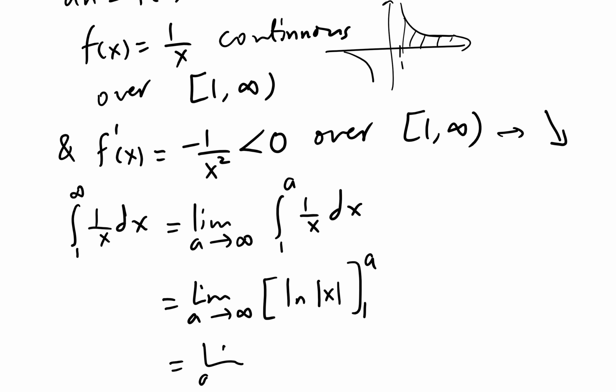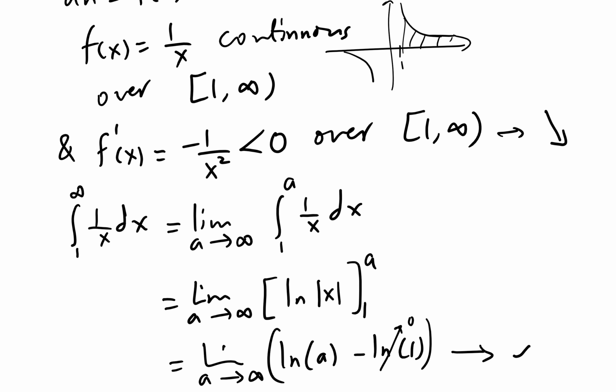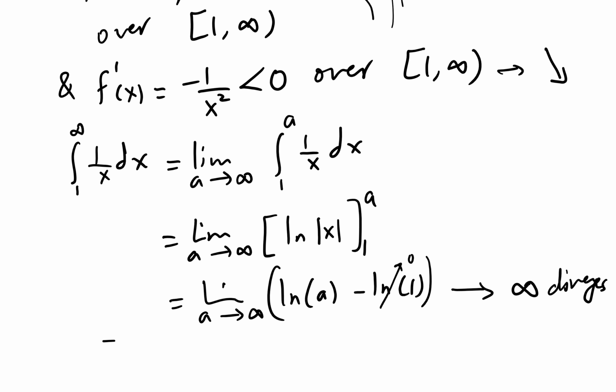So the limit as a goes to infinity of natural log of a minus natural log of 1. Natural log of 1 is 0, and this goes to infinity. So this tells us it diverges. This means the given series diverges as well by the integral test.